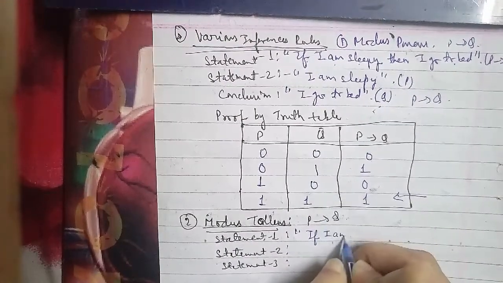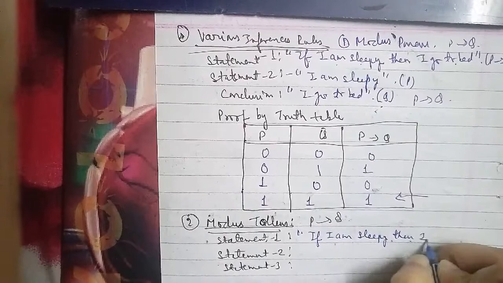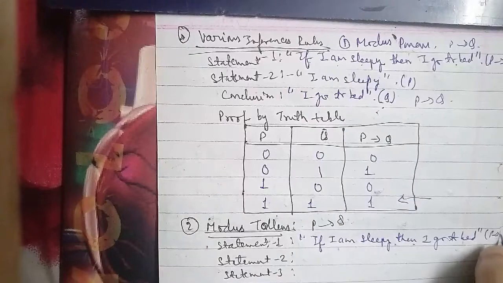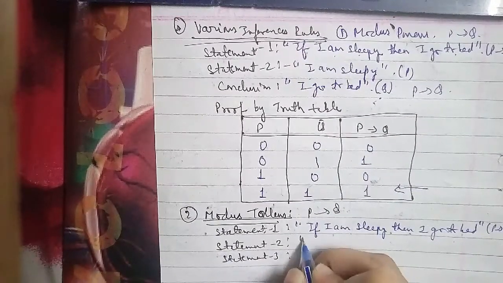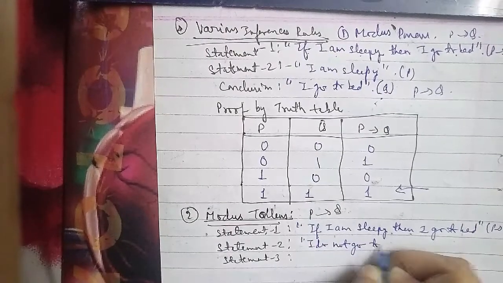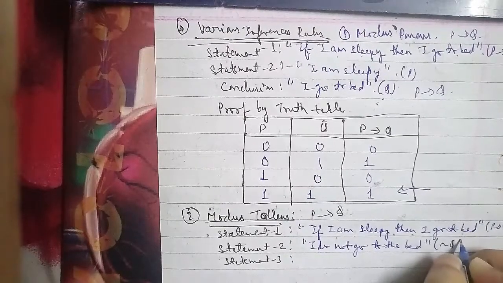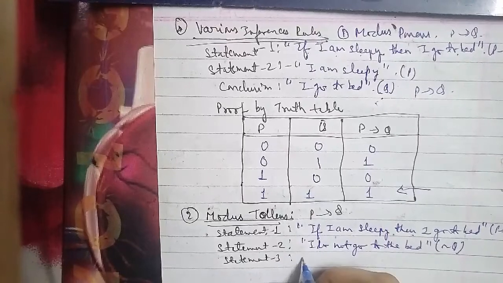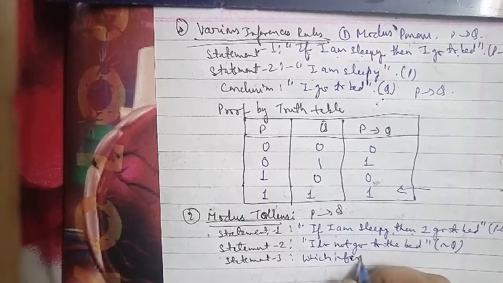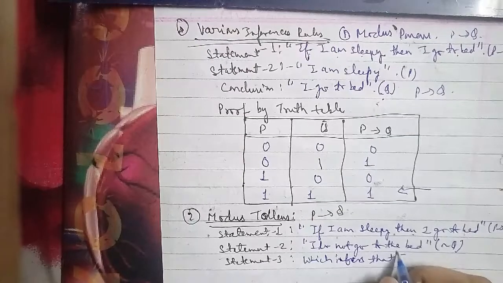This is P tends to Q. And here: I do not go to bed. This is not Q, which infers that I am not sleepy. That is not P. Let's go ahead with the proof by truth table.